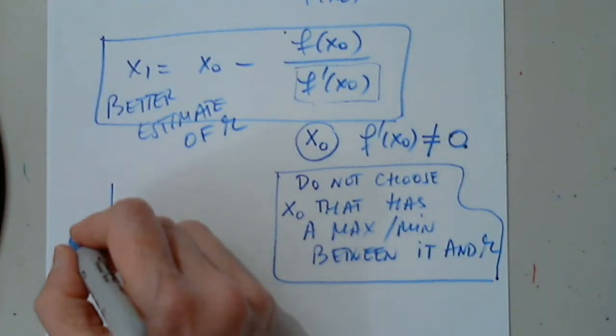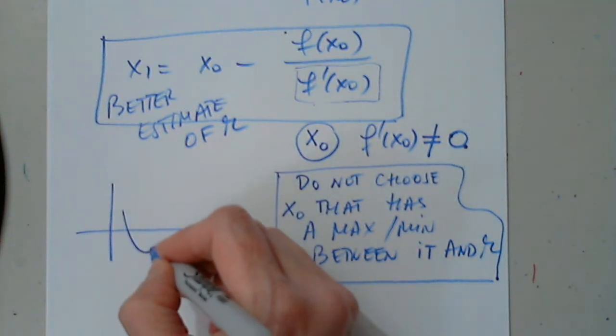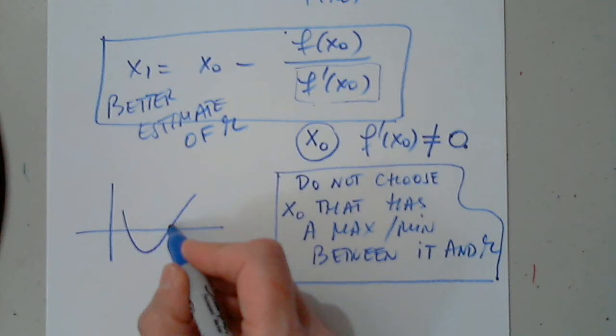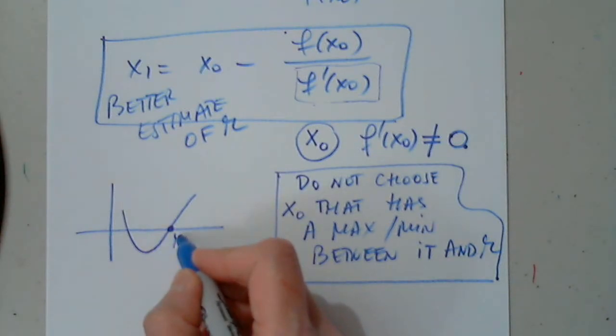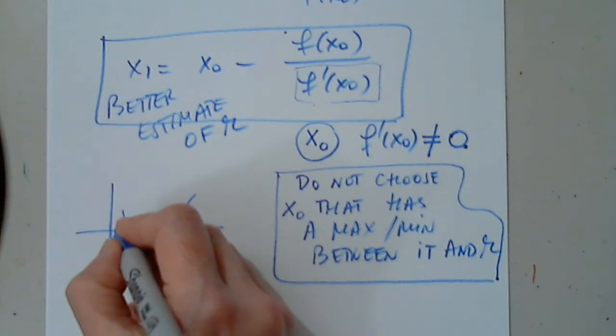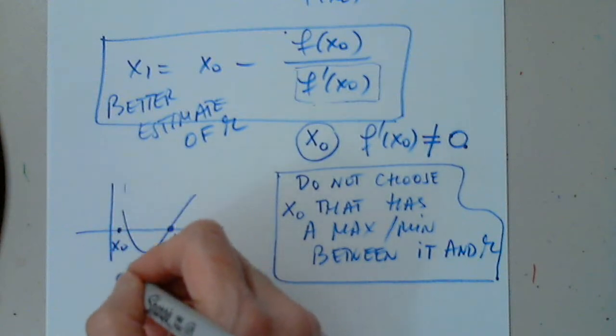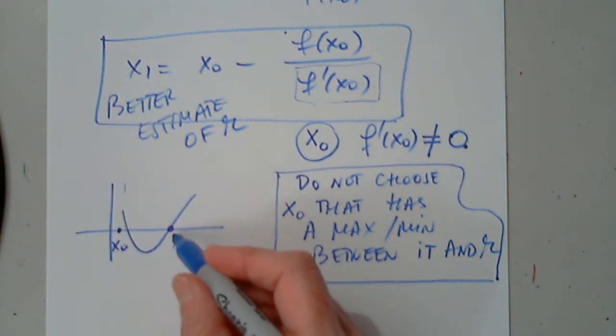So what am I saying? Let's say this is the R I'm looking for, and I'm starting with x0 here. So there is a max or a min between the starting point and the solution. The method will never converge. I will never get closer.